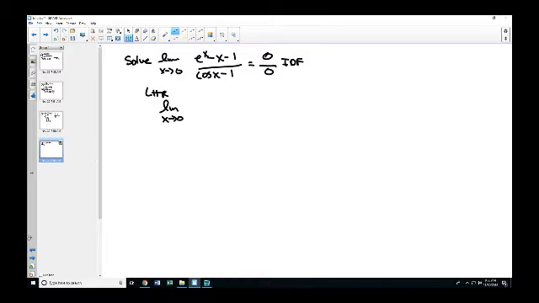What's the derivative of the top? Easiest derivative we have. Minus. Okay, and somebody says that the derivative is negative sine.